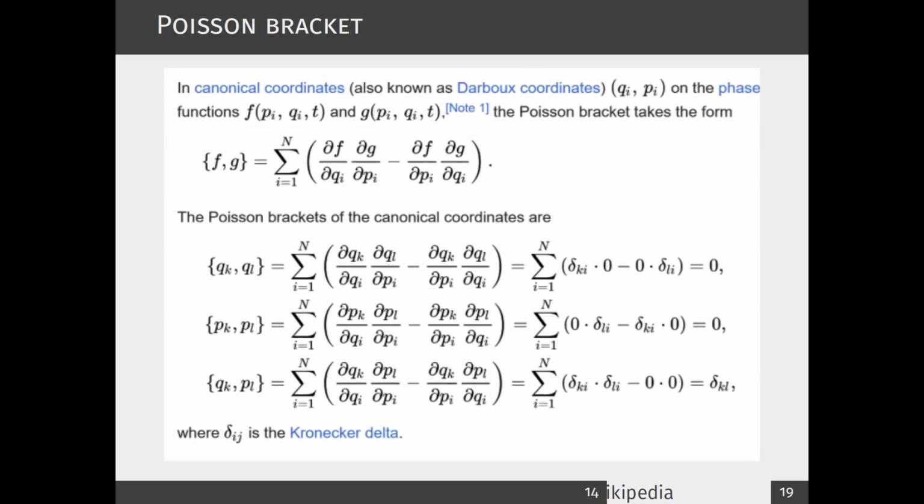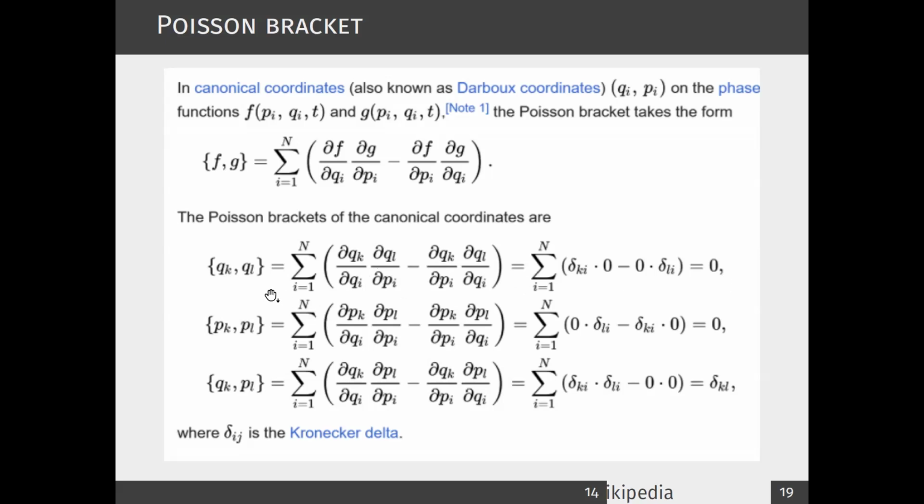This Poisson bracket can now be applied to some more practical cases. You can have q_k and q_l in the Poisson bracket. If you apply it for two coordinates, like x1, x2, x3, or just x, y, z, then after conducting these computations, you see that it's equal to 0.